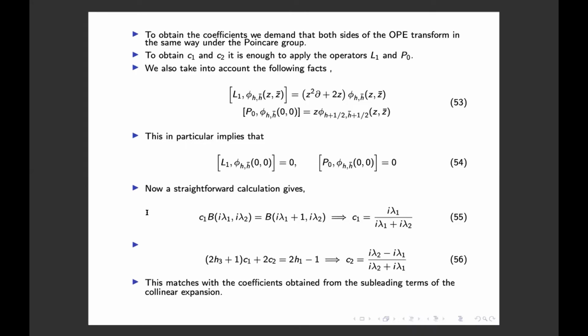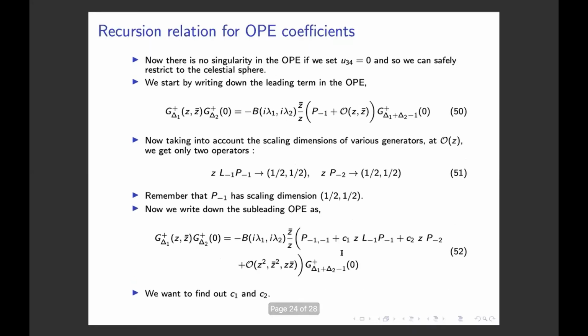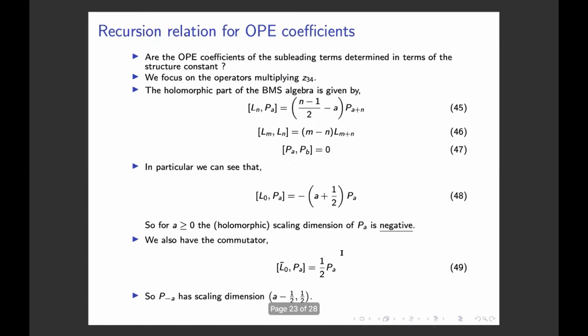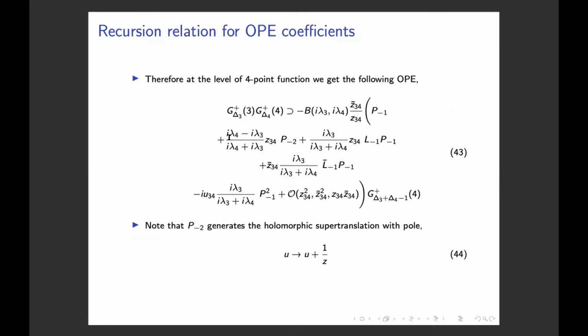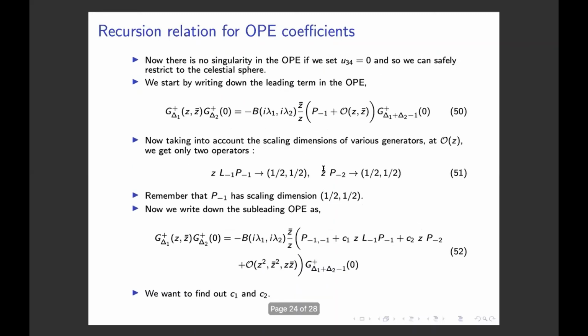Then we do the standard procedure, and what we get is C1 and C2. This C1, C2 exactly matches with what we have here. You can see this is i lambda 4 minus i lambda 3. So just replace this lambda 4 by lambda 2 and lambda 3 by lambda 1, and then you get the C1, C2 which you have.